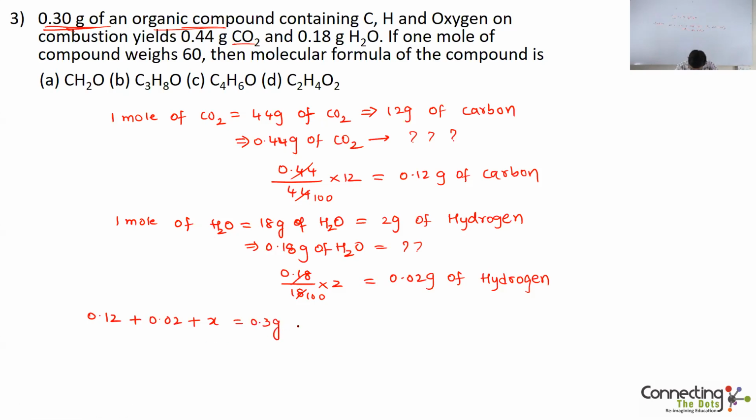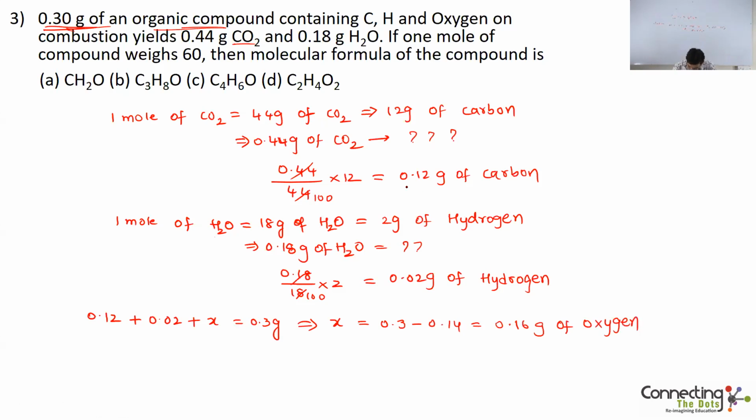Now, what will be X? X is the amount of oxygen present in the sample. X will be 0.3 minus 0.14, which is 0.16 grams. 0.16 grams of oxygen is present in that sample.